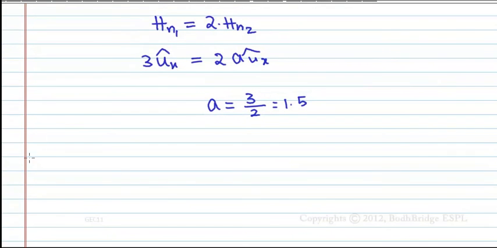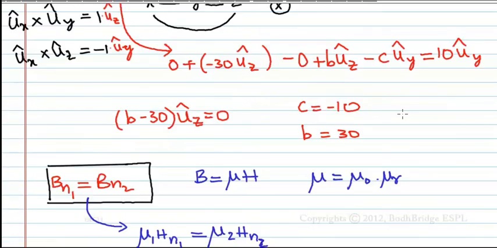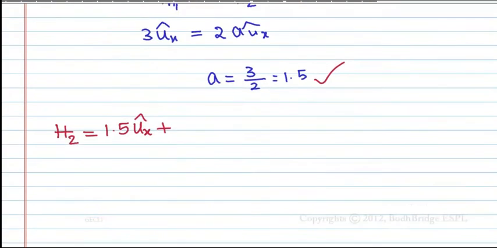Therefore, we got a, b, c. Therefore, h2 is how much? H2 is a times ux, 1.5 ux, plus b and c. A, b, c: b is 30, c is minus 10.